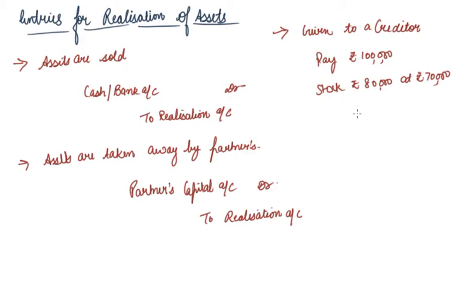So in that case, we are giving stock of 80,000 but at 70,000 to the creditor. So now we are liable to pay him the remaining amount of 30,000.